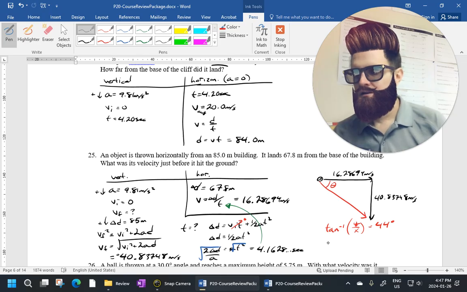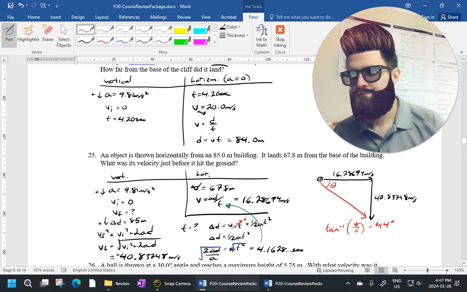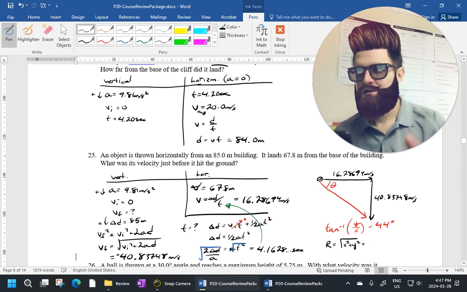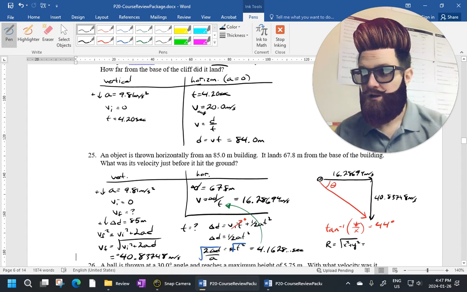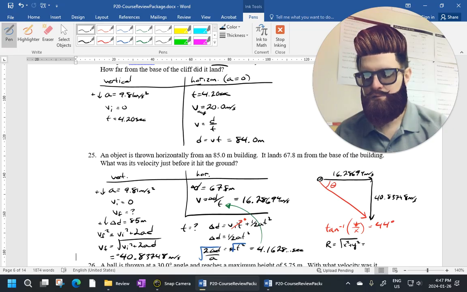And using the Pythagorean theorem, I'm going to find that resultant, which is the square root of x squared plus y squared, to be the square root of that 16 point. This would be nice if I had a calculator that saved the numbers. I could just go back and highlight them.